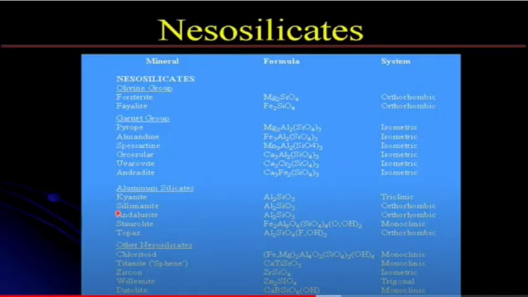So isolated tetrahedra or the nesosilicates are divided into different groups. So the olivine group is the most common one, then the garnet group, the aluminum silicate group, and other nesosilicates which don't fit in the above three groups.